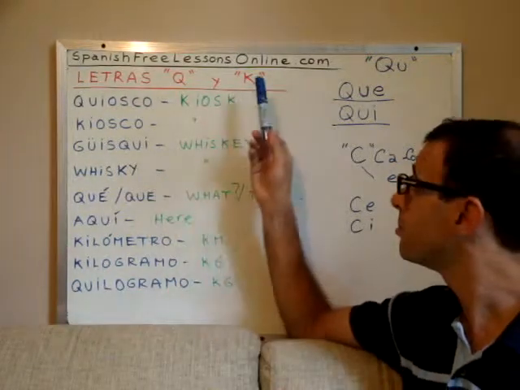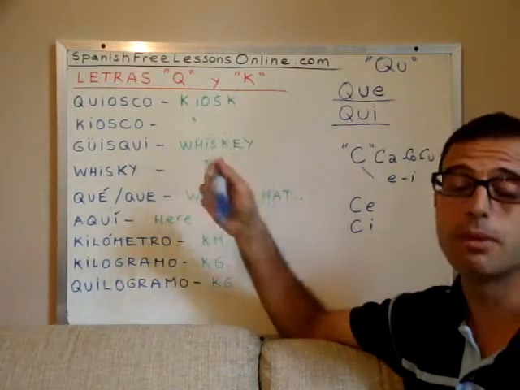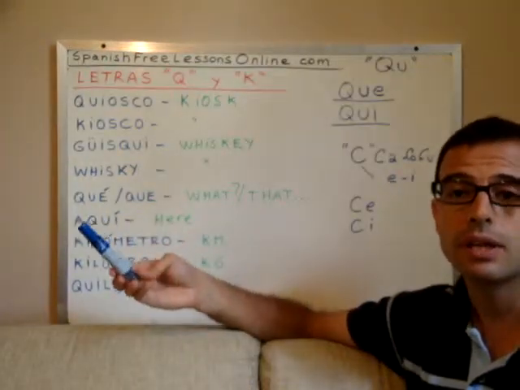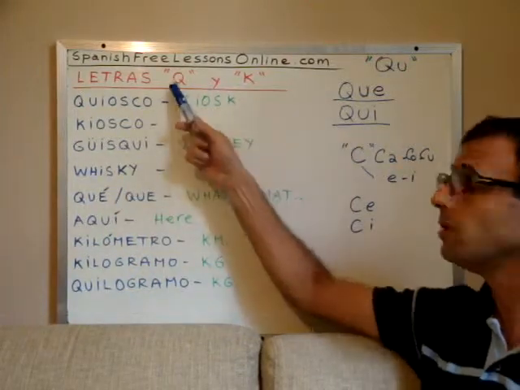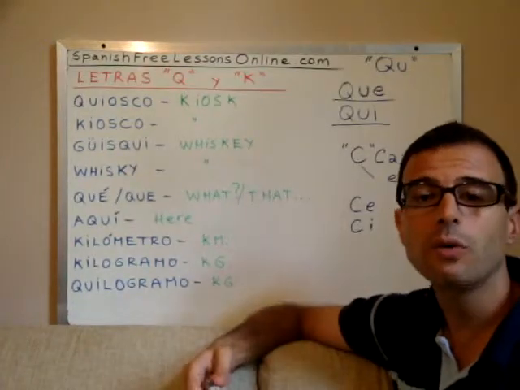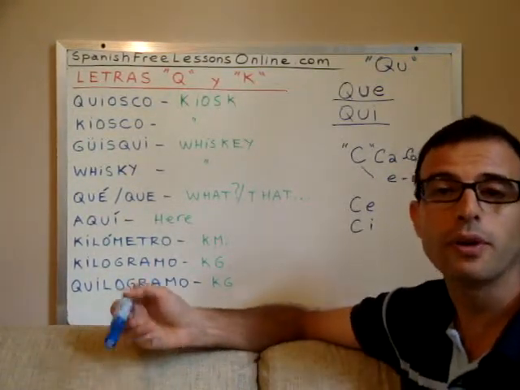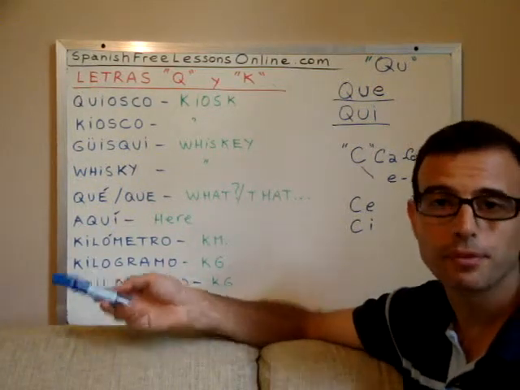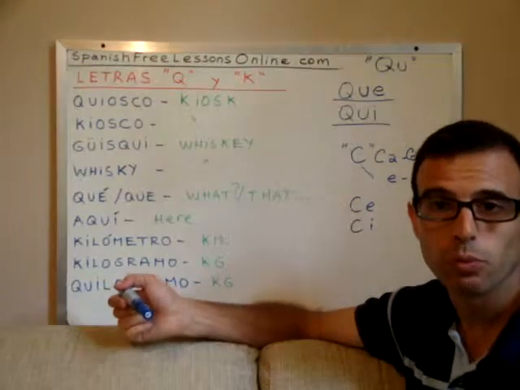Because the pronunciation of the K can be replaced by the C and the Q, so it's not needed. So K only indicates an imported word, a foreign word that comes from another country, from another language, right?